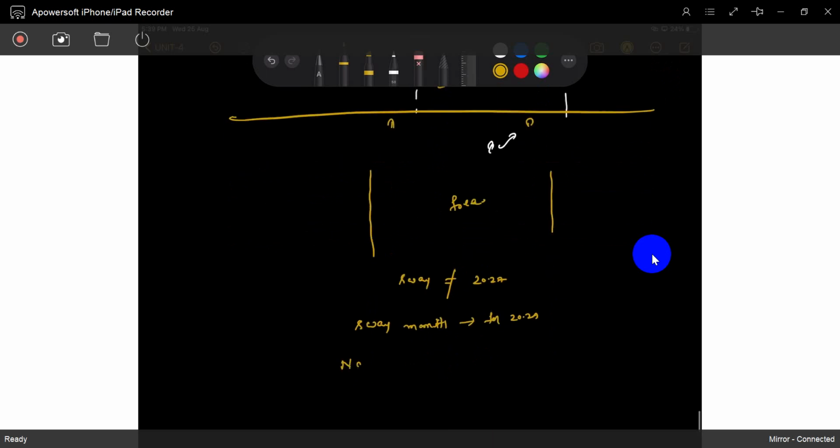Later you have to add non-sway moments plus sway moments. That's the final moments. Draw bending moment, shear force, and the axial force. Axial force also, everything you can draw. That's the end of this story.